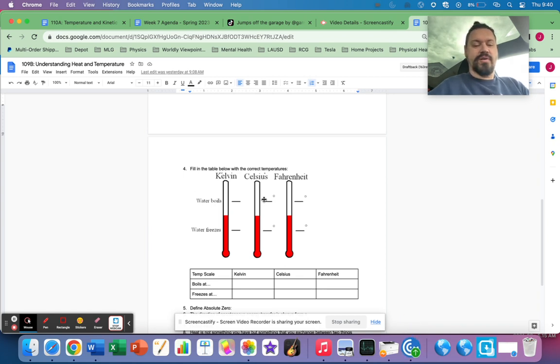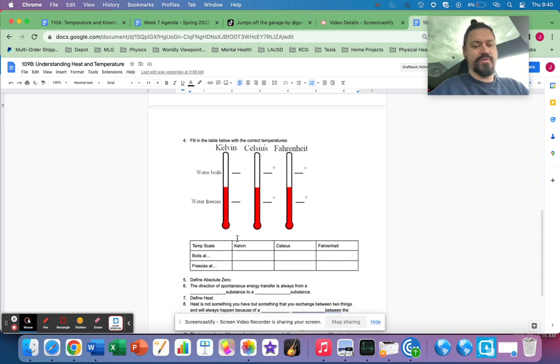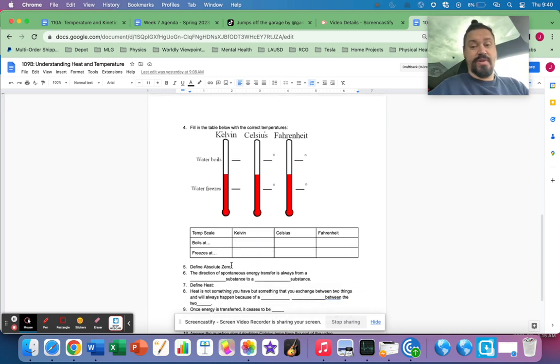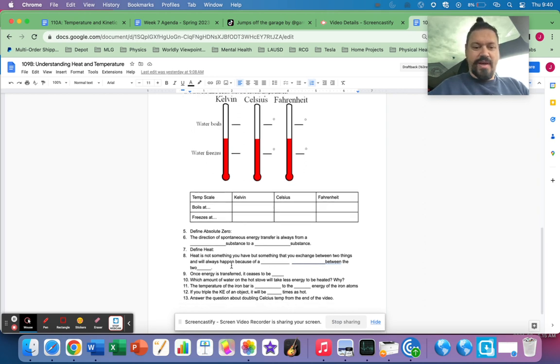So water boils at 373 and freezes at 273. And then down at the very bottom of the Kelvin scale is what's called absolute zero. It's where nothing moves, where nothing vibrates at all. We never get there, except we get close in a lab.